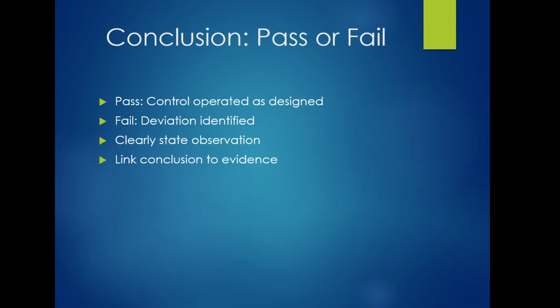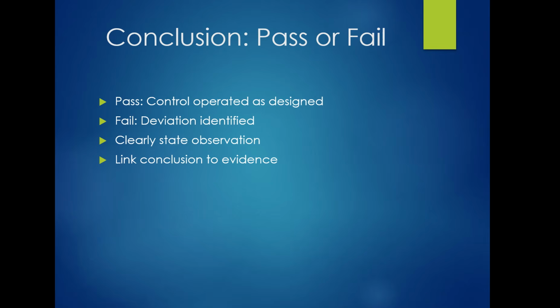And then in conclusion, make sure that your conclusion is properly documented. It must also be supported by evidence. Any conclusion without evidence backing it is no conclusion. And then when you have a pass, it means that the control operated effectively as designed, while a fail is a deviation from the identified control.